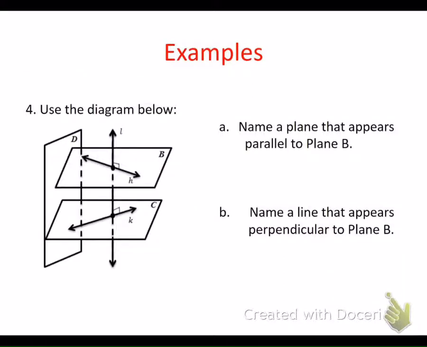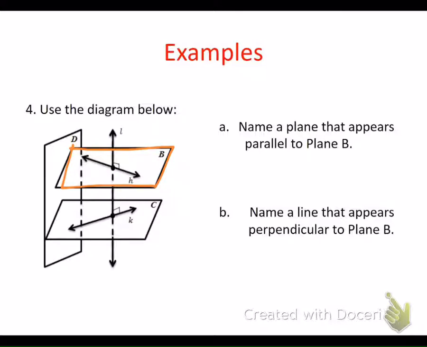All right, name a plane that appears parallel to plane B. Which one appears to be parallel? So think of B as the ceiling. What would be the floor? C. Why'd you say C?